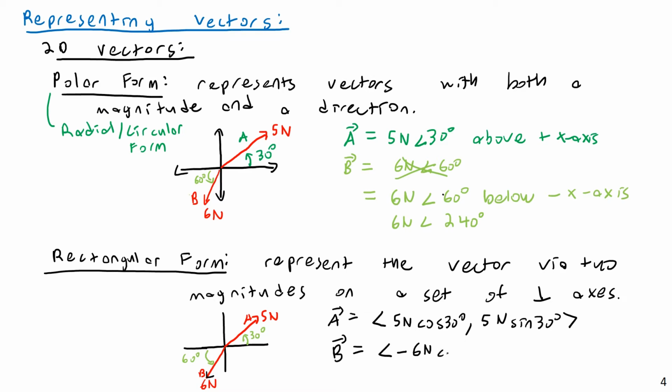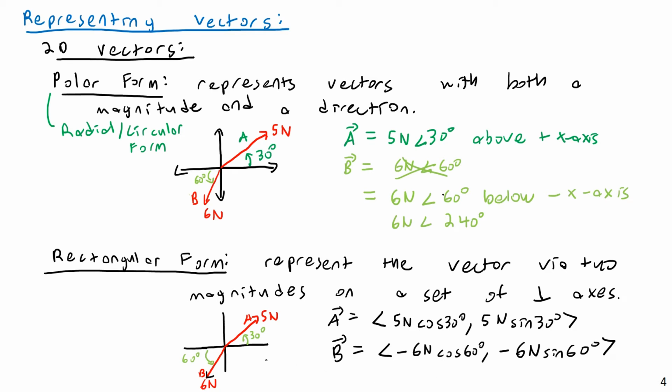And the y component would be negative 6 newtons times the sine of 60 degrees. Or I could use the sine of 240 degrees. Either one would be acceptable.